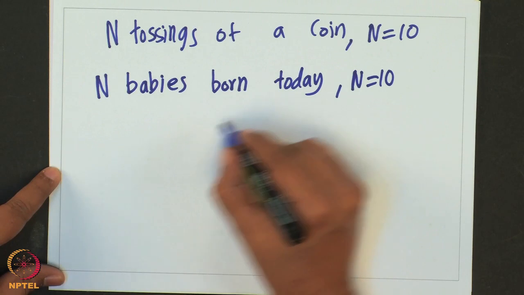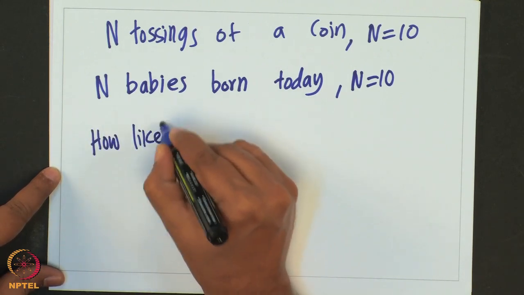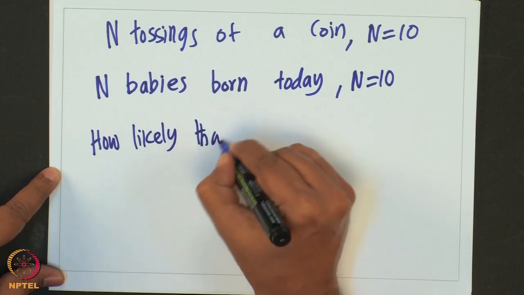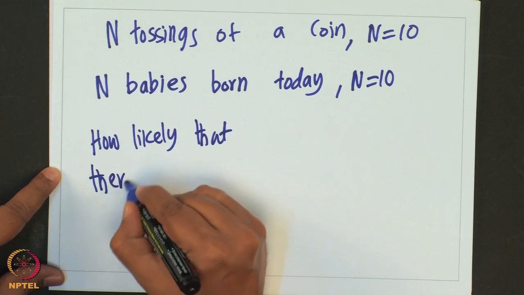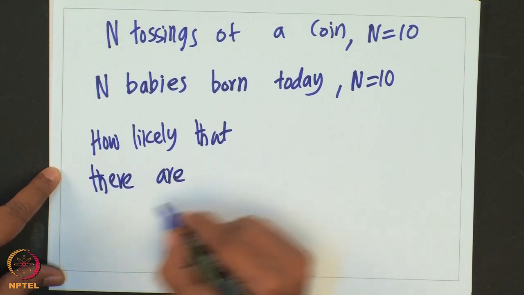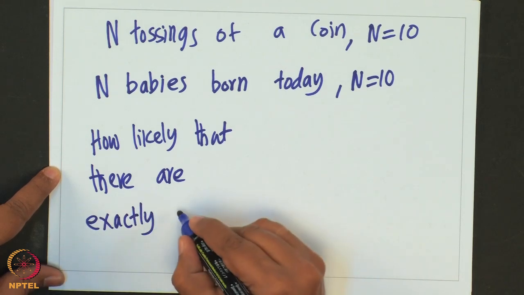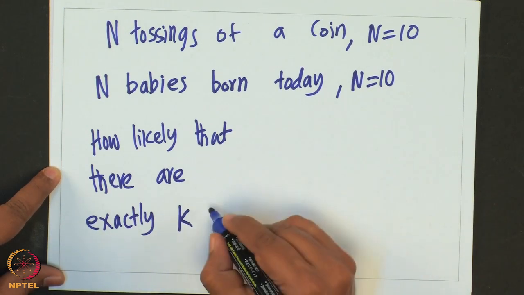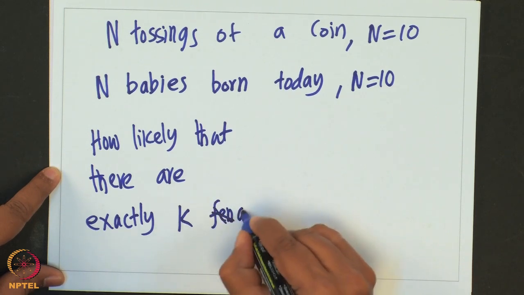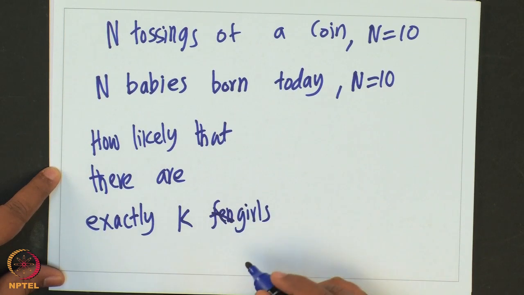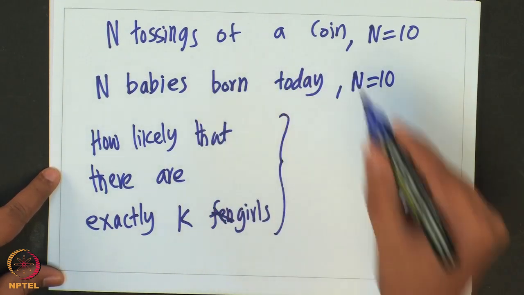The question we would answer here is how likely, what is the probability that there are exactly k female babies, k girls, or k heads in the case of a toss.